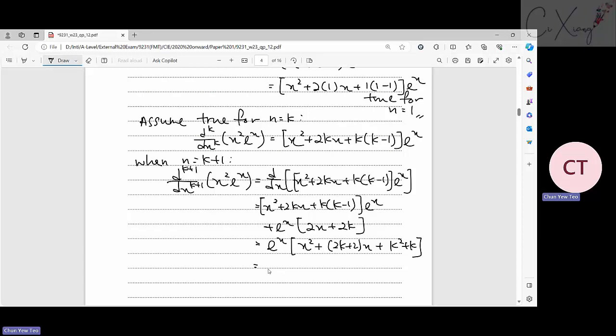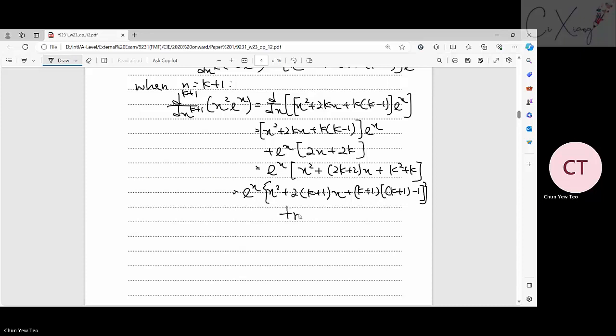So we need to show that it will be the same as this. Bring the 2 out, plus (k plus 1)(k plus 1 minus 1), multiplied by e^x. Okay, space constraint, so I will write my e^x over here. So this will be true for n equal to k plus 1.